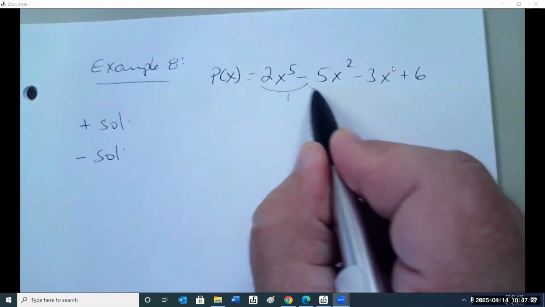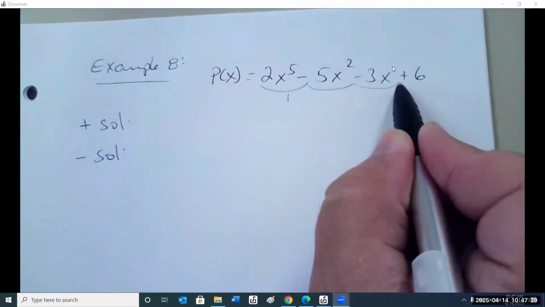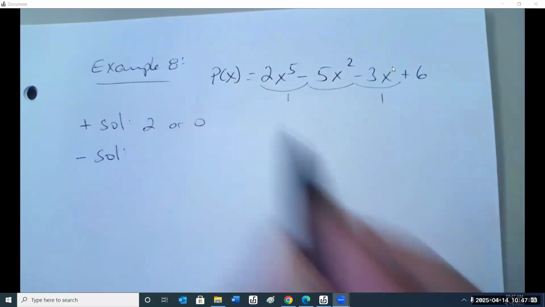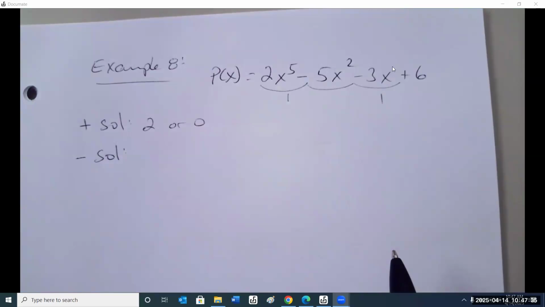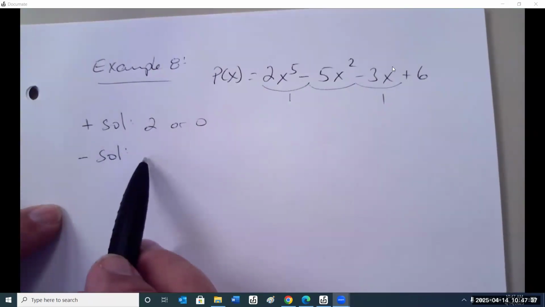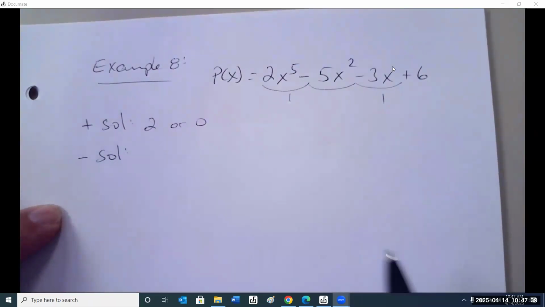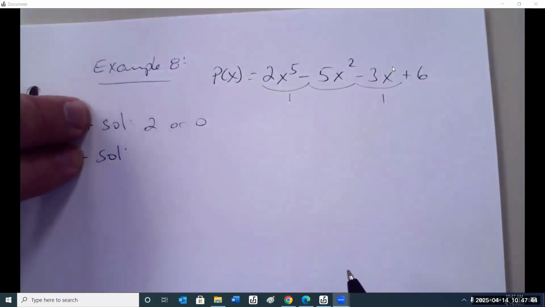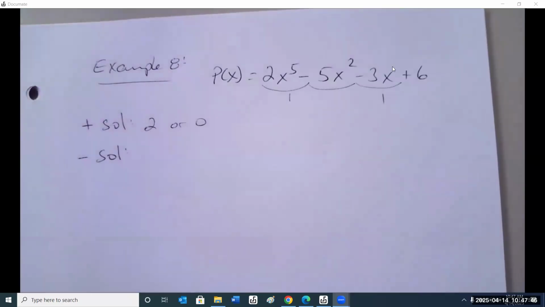Is that a sign change? Is that a sign change? So that's 2 or 0. If this was a 2 or 3, then you subtract 2. If either of these have 2 or more, then you have to subtract 2, because there could be conjugate pairs, like we just saw.